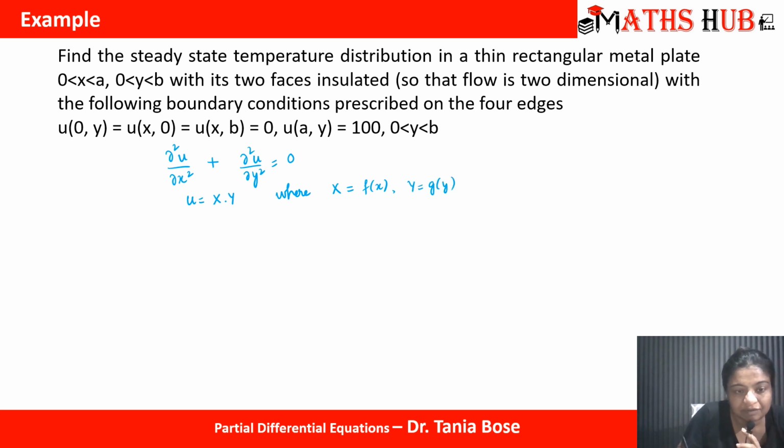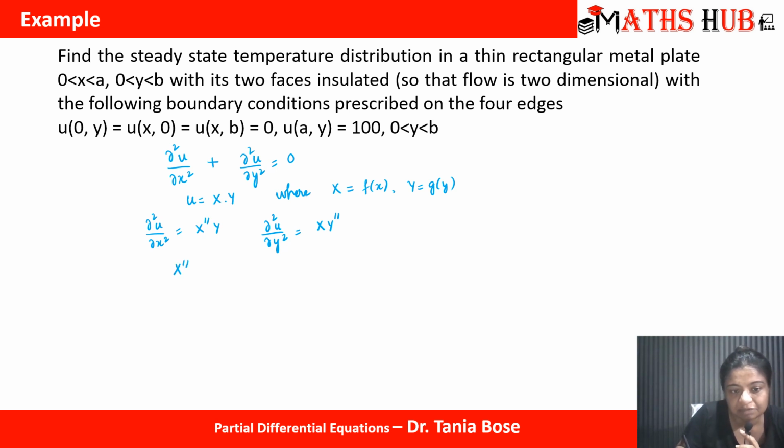So according to the given equation, we have to calculate del square u by del x square, which becomes X double dash Y, and del square u by del y square, which becomes X Y double dash, right? Now let us substitute these values in the Laplace equation.